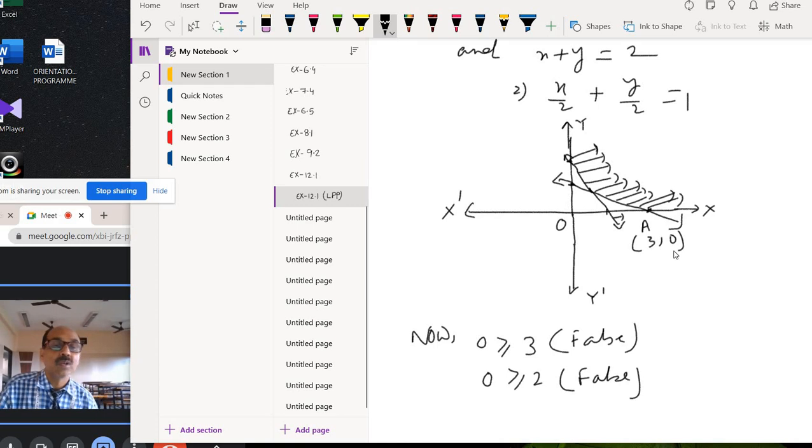And this is the intersection point. We have to find this, B. And this is C. What is the coordinate of C? 0, 2. Okay? Because x2, y2.